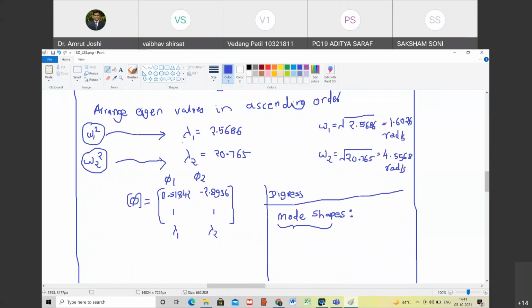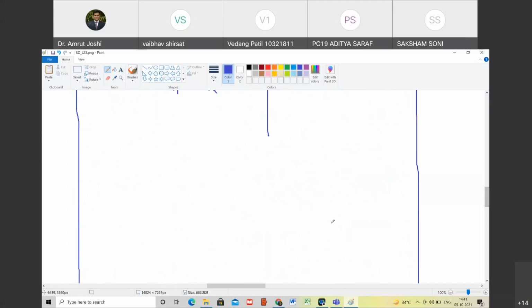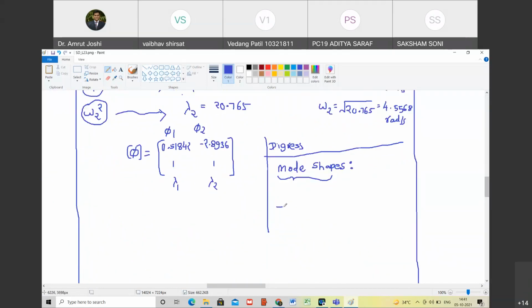So what is that vector? M1 moves towards the right by 0.51842. At that time, M2 moves towards the right by 1 unit. So this is the original position of M1, and this is the original position of M2.